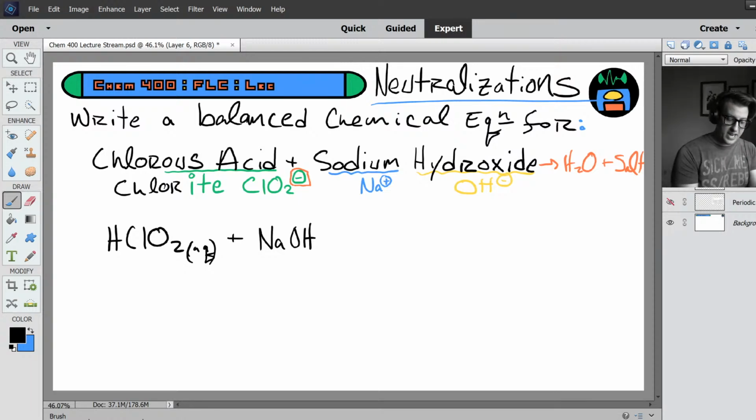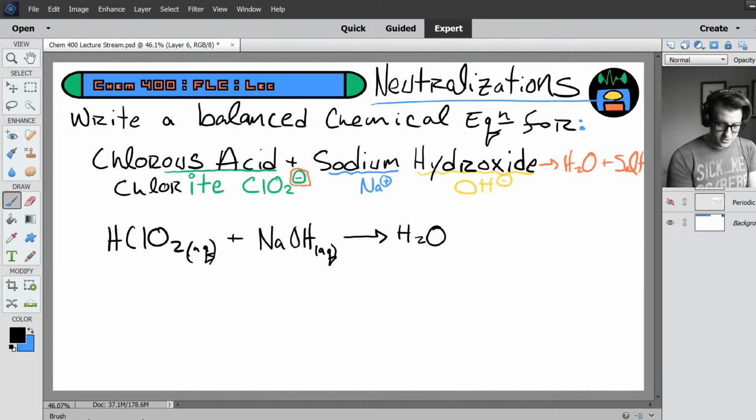And now for our phase, hydroxide is usually insoluble, but sodium is always soluble, so that makes this aqueous. All right, so these two are going to react to produce two things. First, liquid water, and now we have to deal with this enigmatic salt.